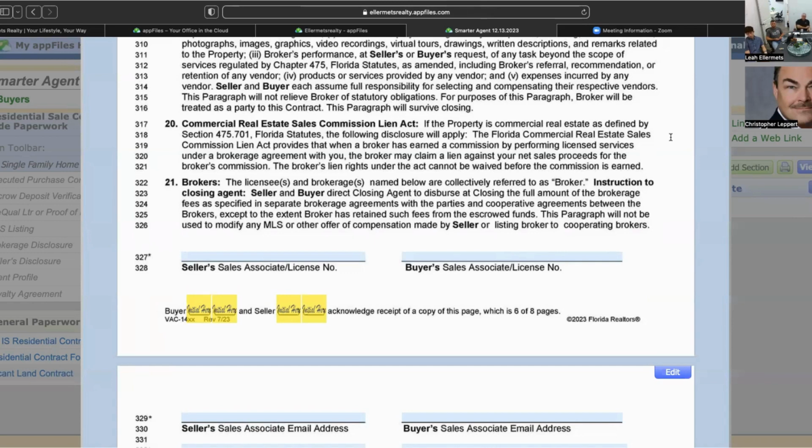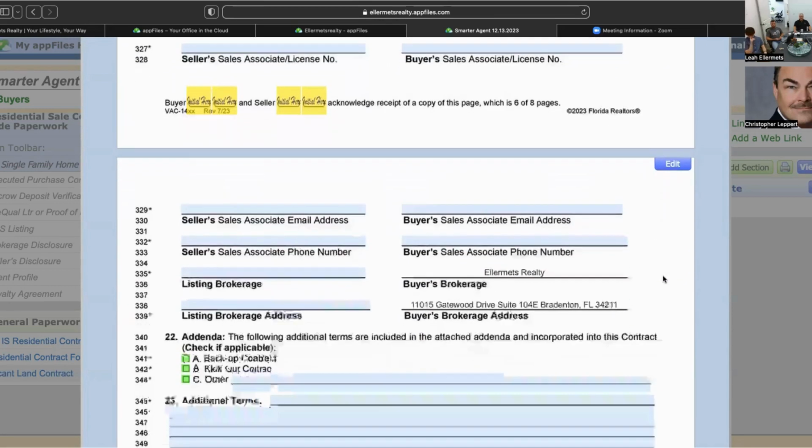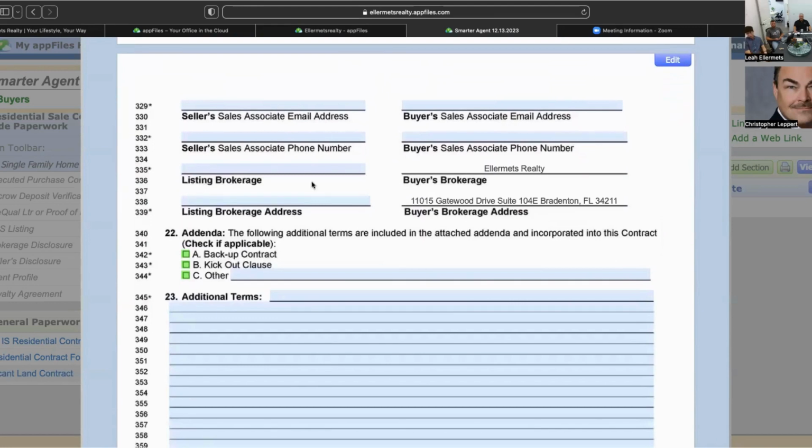But so I think that you should have those forms filled out with your buyers before you start showing them properties, even because they don't know how you get paid, and it's smart that they realize that. And of course, then who are the brokers and sales associates? Fill them in. Fill in everything that you possibly can, right?